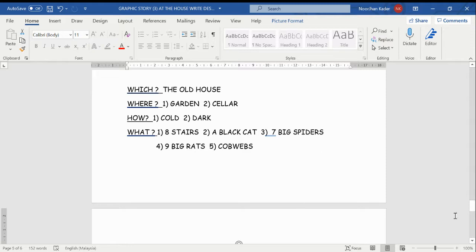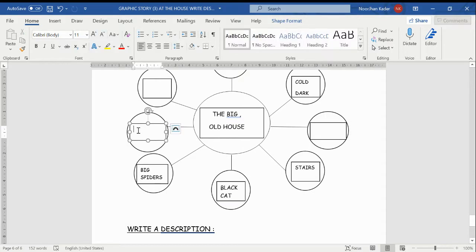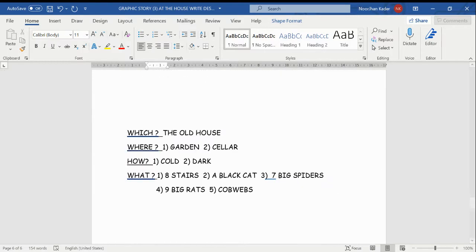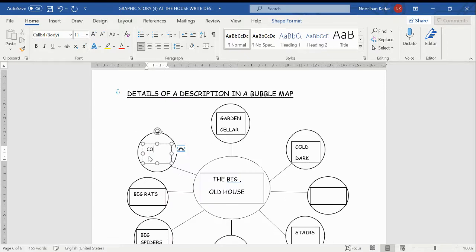Big spiders, big rats. Okay, big rats. And cobwebs. Okay, cobwebs.